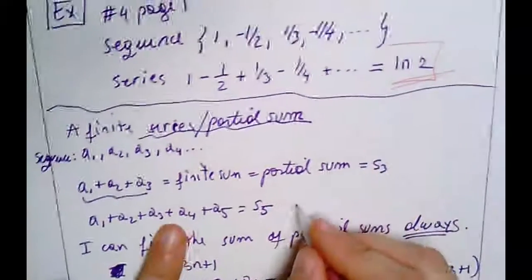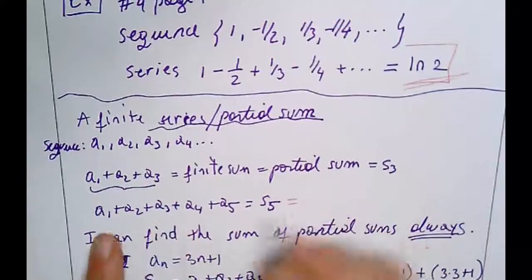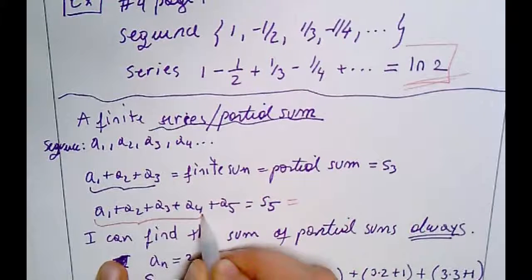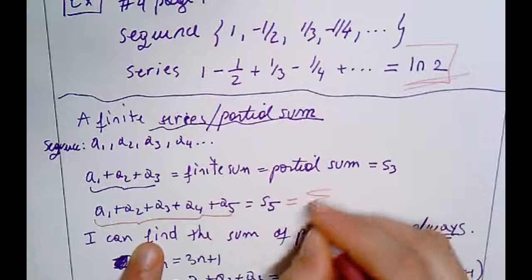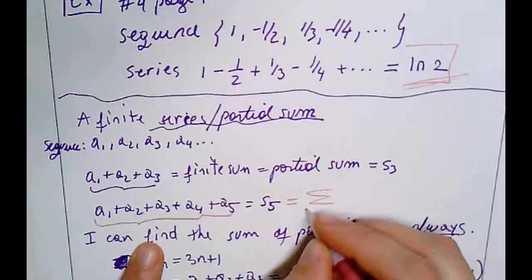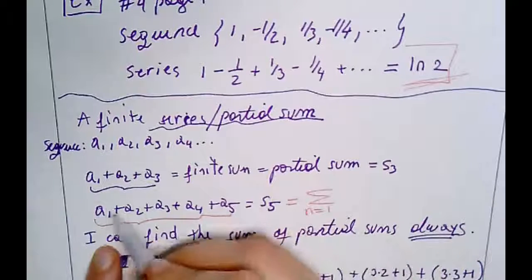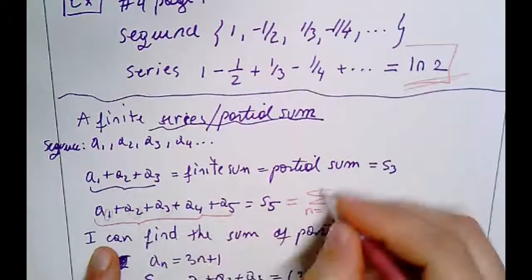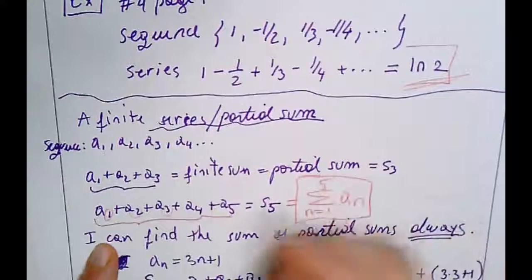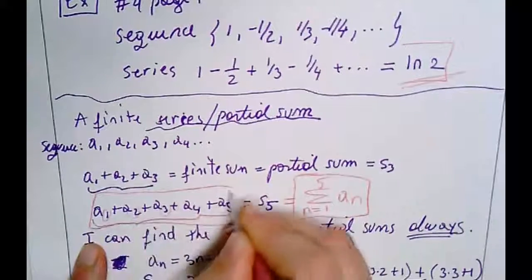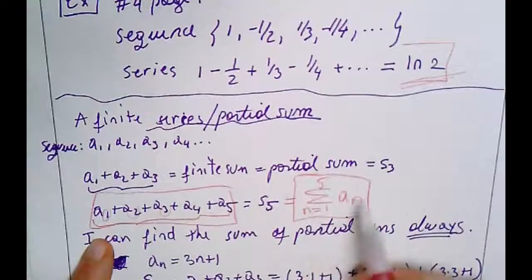For example, in here, I'm going to say that a1 plus a2 plus a3 plus a4 plus a5 is summation, so sigma from n equals 1 to where? 1, 2, 3, 4, 5, to 5 of an. So this is the same as writing this, but it's short. It's a shortcut of writing it.